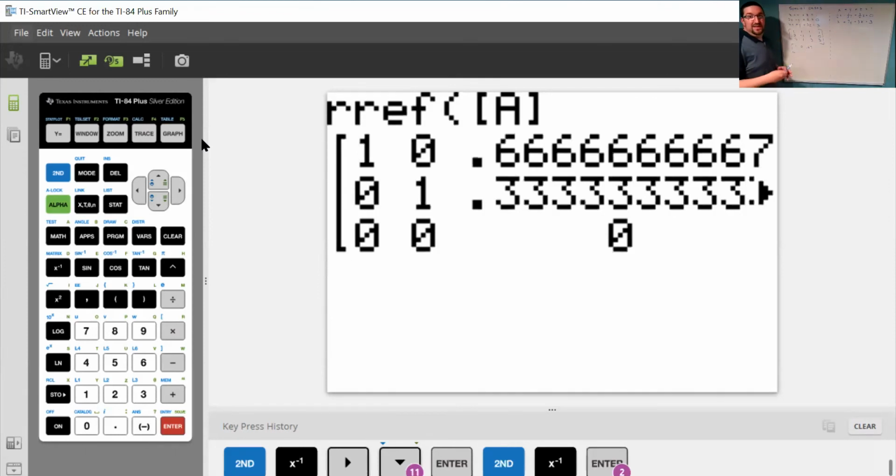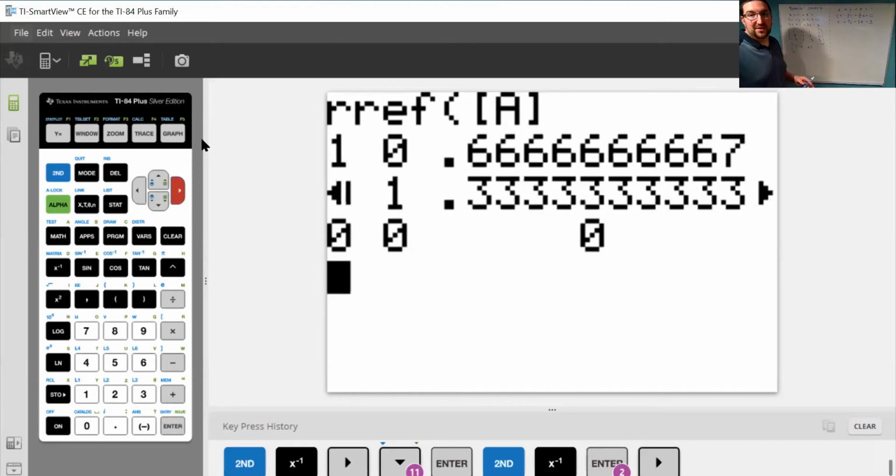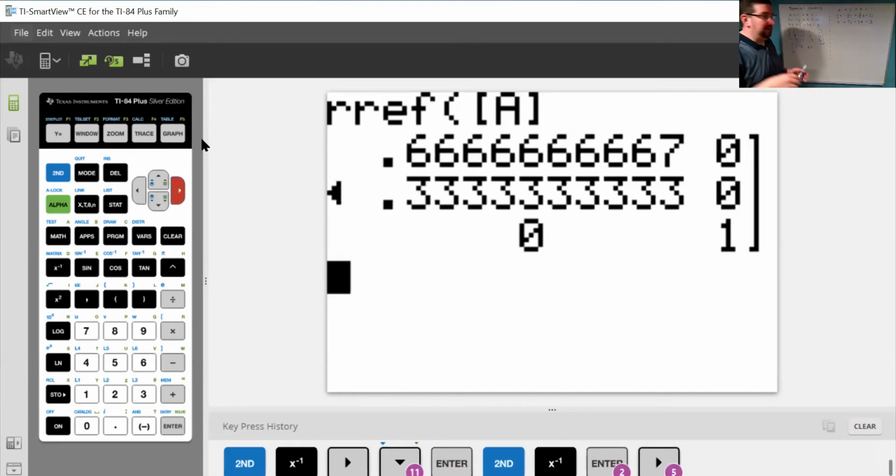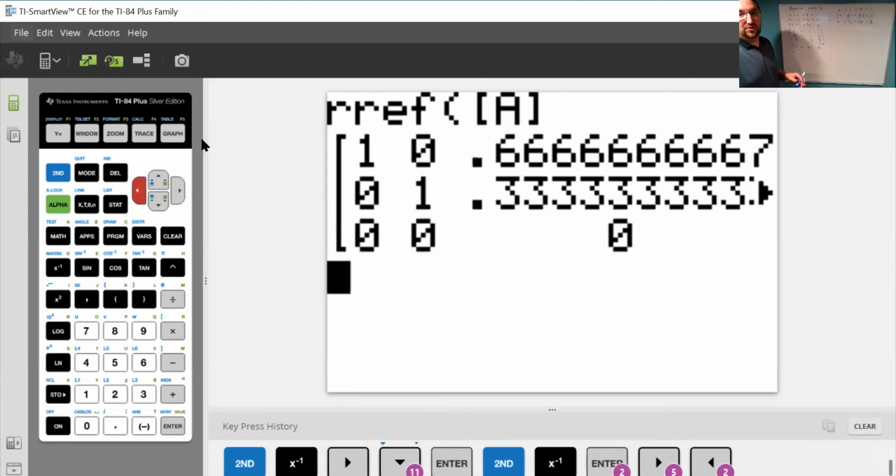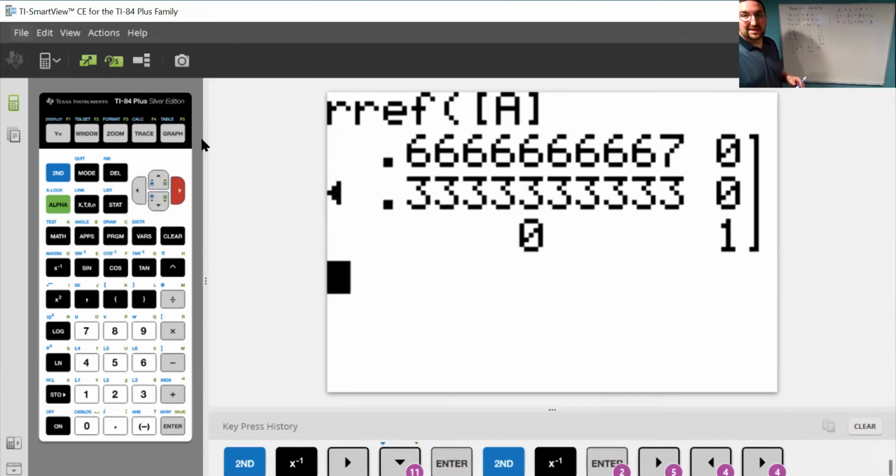Okay, so what we're going to see on the calculator is our reduced row echelon form is 1, 0, 0.67. And then if we scroll over, we can get the rest of it. It's going to be 0. And then if we scroll back by hitting right and left, we have 0, 1, 1.33, and that last one would be 0.